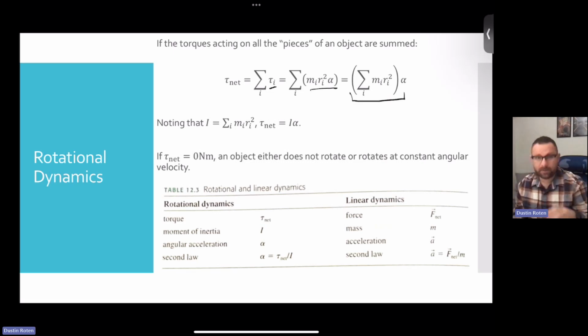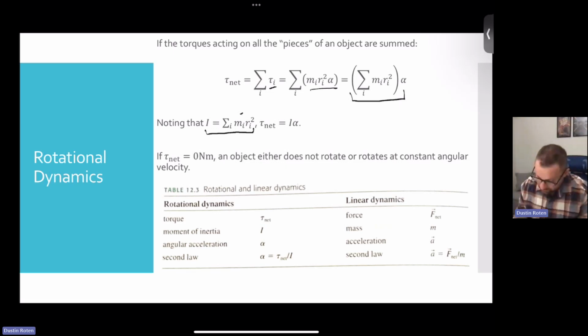If we sum these up, this should look really familiar, because you'll remember that this is just the moment of inertia. If we sum up all those little pieces of an object according to m times r squared, that's just the moment of inertia. So this is going to replace mass in Newton's second law.